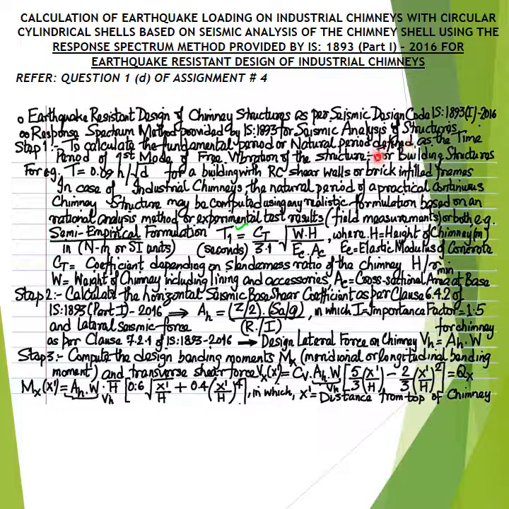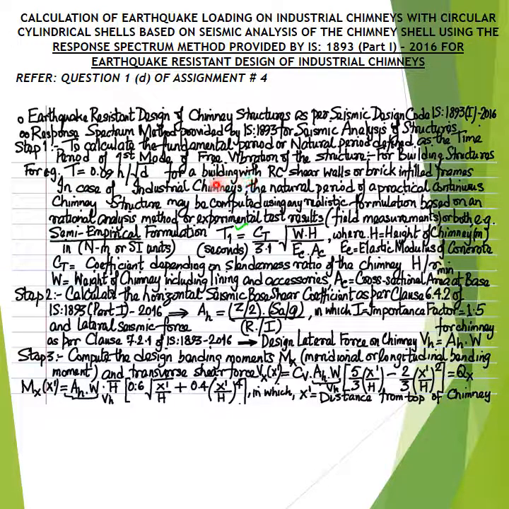As an example, in case of building structures, the Indian Standard Code of Design Practice for earthquake resistant design criteria of building structures specifies the fundamental time period or the natural period, that is the time period of the first mode of free vibration response of building structures, as 0.09 h over square root of d for a building structure with reinforced concrete shear walls or brick infill frames.